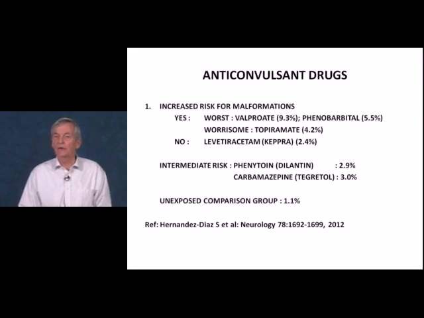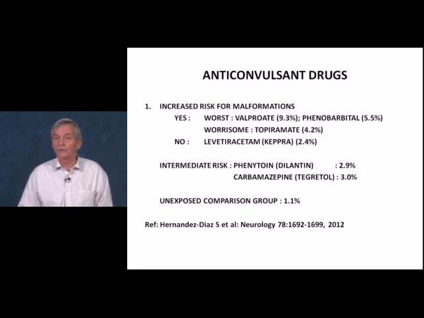And the number 2 drug, and again, shown in many studies to be significantly teratogenic, is phenobarbital. Some people are surprised to hear that because phenobarb has been around forever. It was put on the market in 1912, and it wasn't until probably 10, 15 years ago that studies began to be done on phenobarb only. And we saw, my goodness, there's a significant risk for malformations.